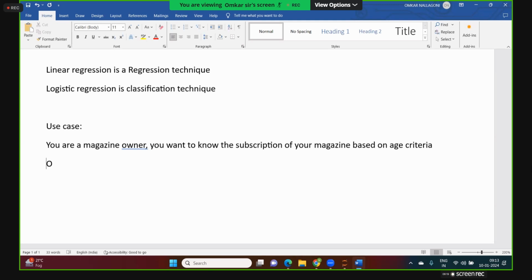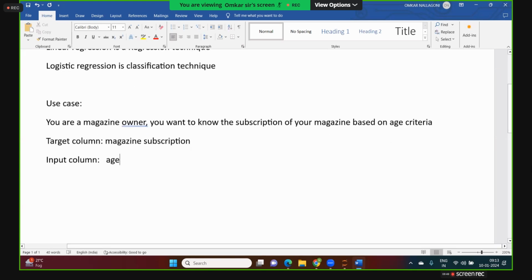So here the output, the target column, is magazine subscription, and the input column is equal to age.